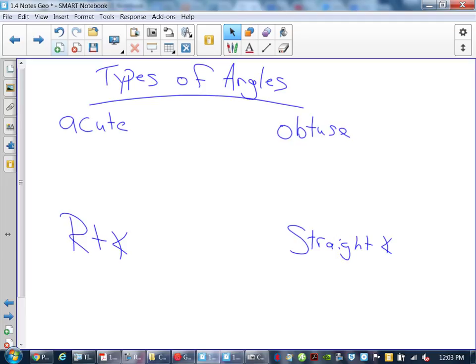No. In geometry, we will not deal with any angles that are less than 0. Basically, our angles for acute are going to be angles that are greater than 0, but less than 90. They're not going to equal 90, and they're not going to equal 0.